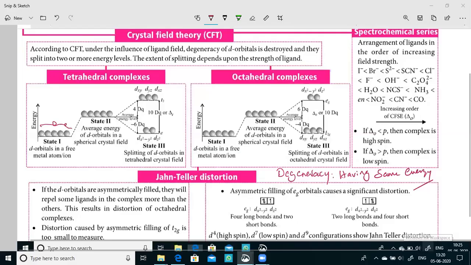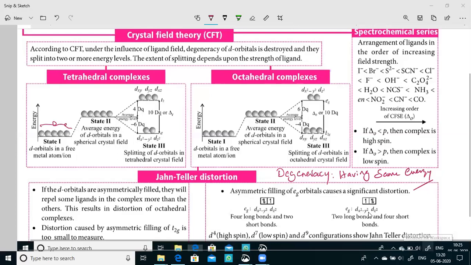Okay. Now, if you see this, when the ligand is approaching the metal ion, because of repulsions the energy of the 5 d orbitals has been raised. When the ligand is approaching the metal ion, the degeneracy is removed. That means before the ligand approaches the metal ion, all the 5 d orbitals have the same energy, right?